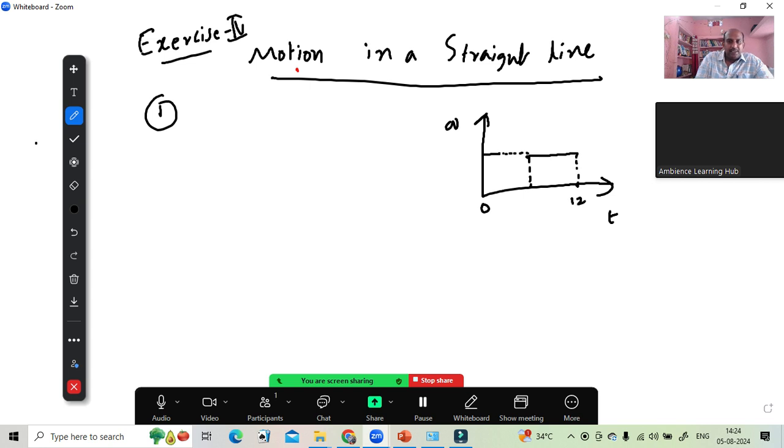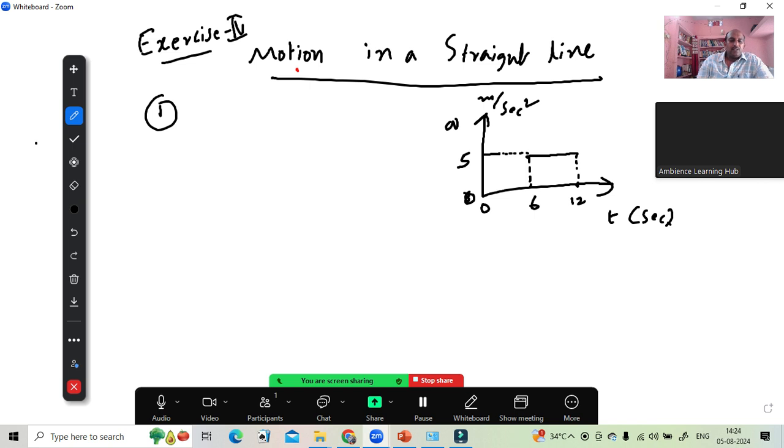So this is 12 seconds, 6 seconds, 0 and 5 meter per second square. Acceleration is measured in meter per second square. Time is measured in seconds. This is the diagram given.